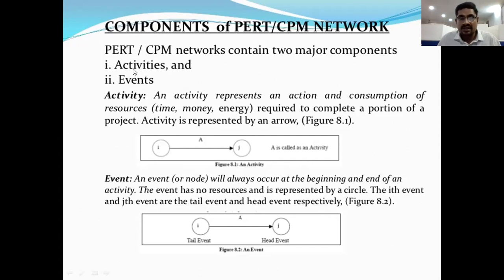So suppose we take the example of an activity. An activity is indicated by an arrow. This arrow is called an activity. An event means the beginning and ending of this arrow occurs. So this circle is called an event, or a node.